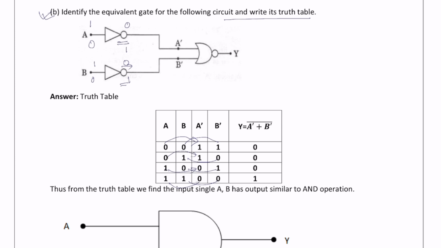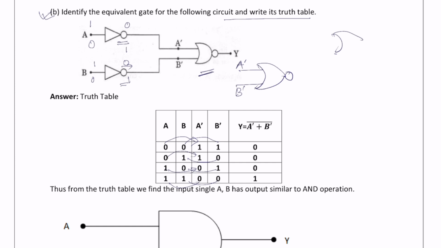Now here we have this particular symbol for the OR gate. Now there is a circle here, it means that it negates it. It creates a NOT of it. So if A dash and B dash are the input to this NOR gate, this is OR.